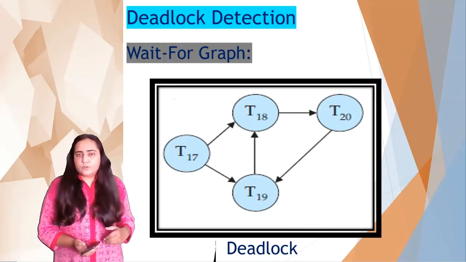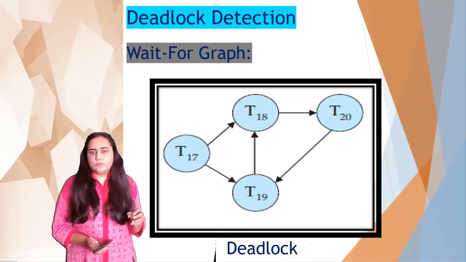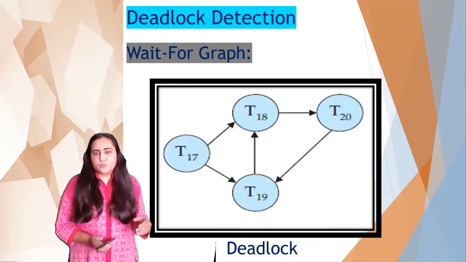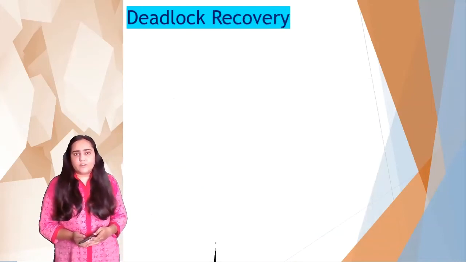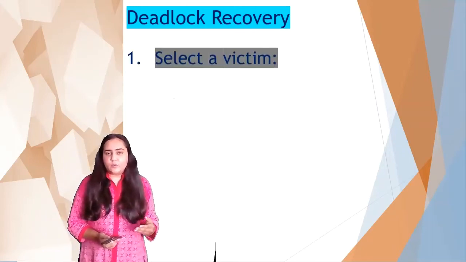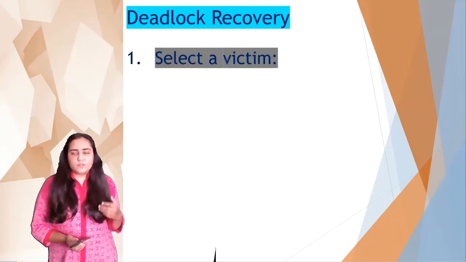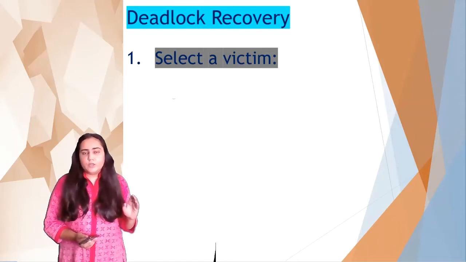But there are certain rules when it comes to picking the transaction required to resolve a deadlock. Let us see that. That is known as deadlock recovery, where the first step involves selecting a victim. So this is where you will select a transaction to be rolled back. Several aspects are considered while selecting a victim.